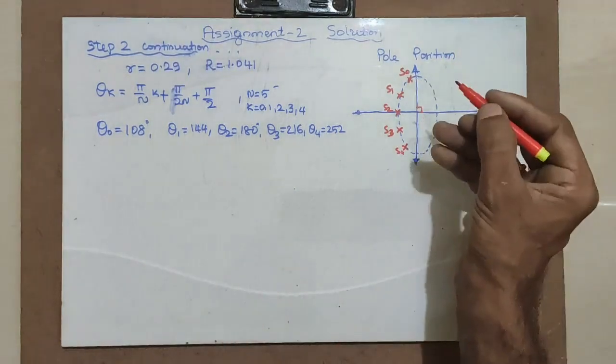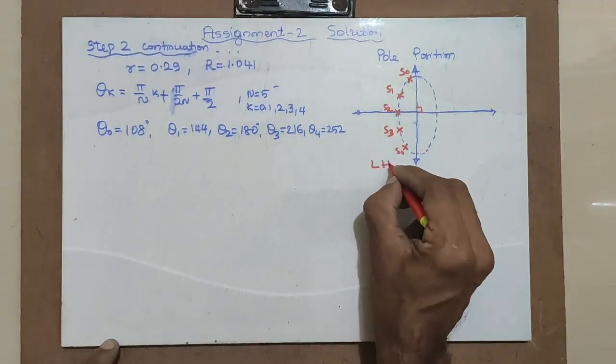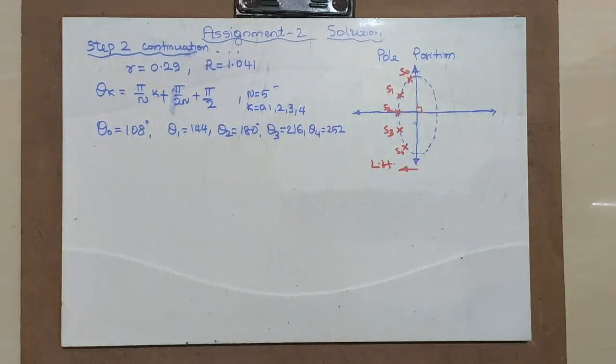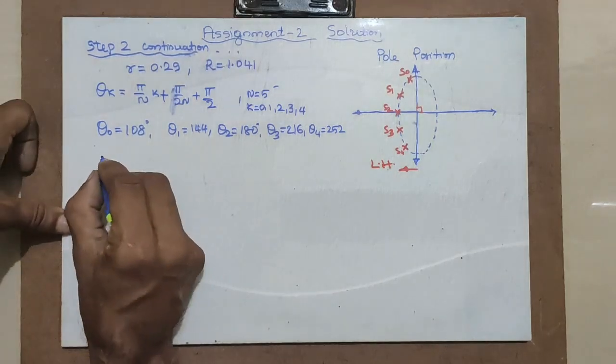Like this, the left half plane, left half pole positioning we are supposed to do. I have positioned all the poles, only left half. Now, a small step is included for you so that it is easy for you to do the calculation. Please see this important step. Now, just have a small table here.